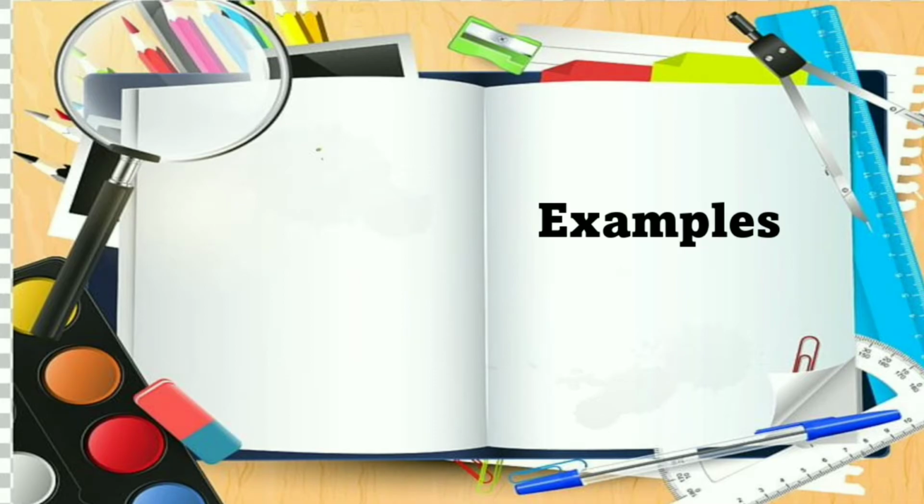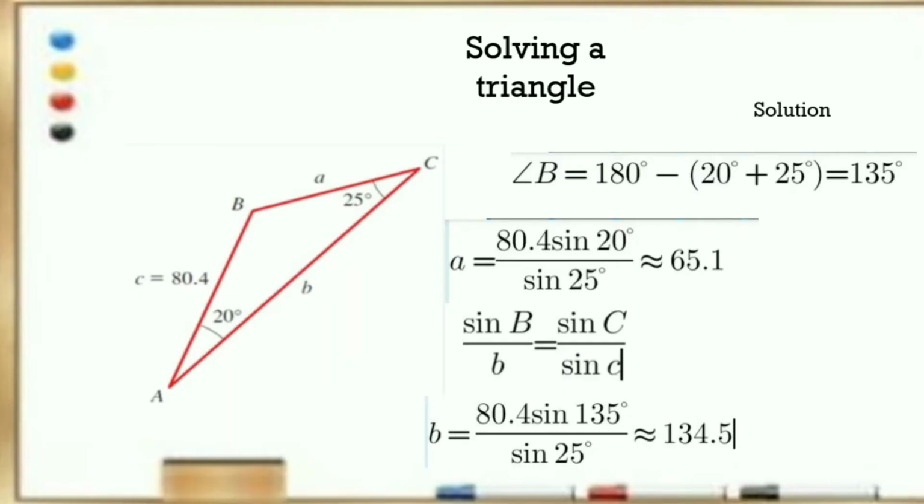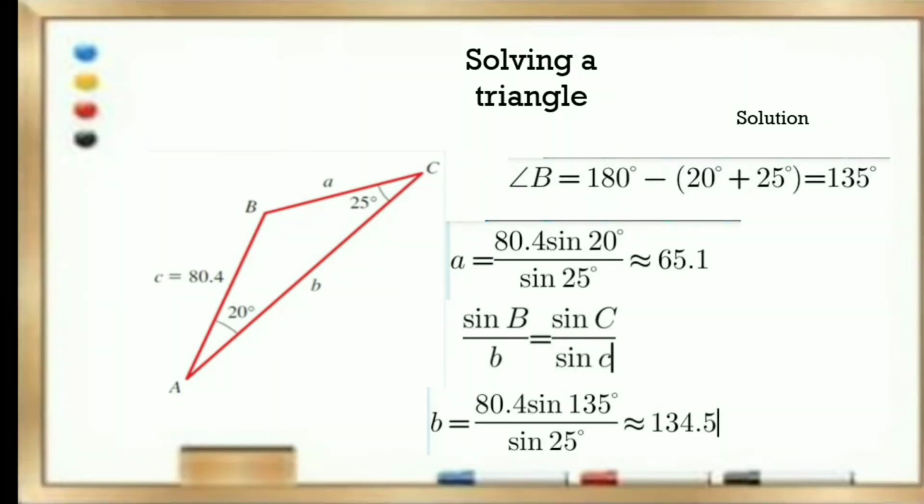So we have examples. Example number 1, solving a triangle. We have the figure of the triangle ABC and the opposite sides a, b, c. The side opposite angle B is unknown, the side opposite angle C is known, which is 80.4, and the side opposite angle A is unknown.